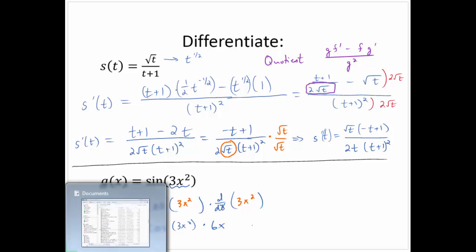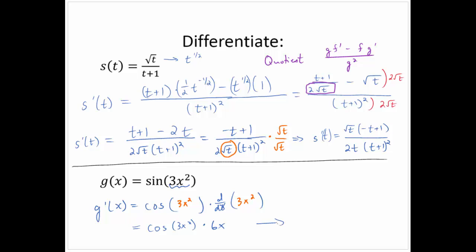And normally we write g prime of x as 6x times the cosine of 3x squared. Normally we put that algebraic factor first, and then the trigonometric factor.